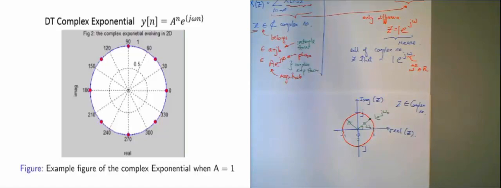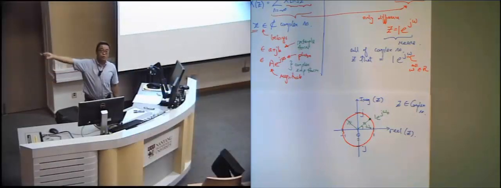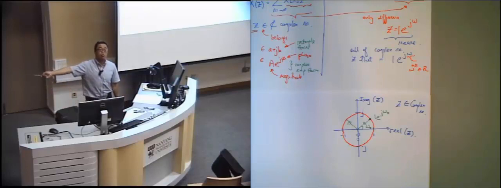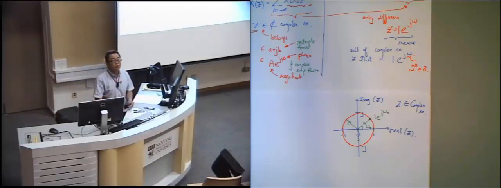Agree? And then you realize that as I let omega go from 0 to 2 pi, I make one circle around this unit circle. Okay? And in fact, if I say from 2 pi to 4 pi, I make the same circle again. So once I tell you to go from 0 to 2 pi, it's the same as anything else.